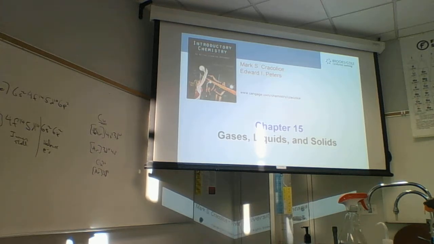All these are the same. So if that's 100 liters, 20 liters would be oxygen, 80 liters would be nitrogen. If that's 100 atmospheres, then 20 atmospheres will be oxygen, 80 atmospheres will be nitrogen.